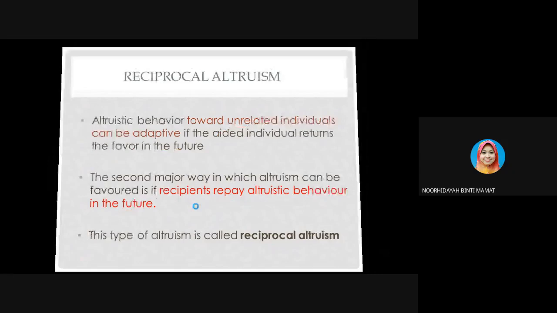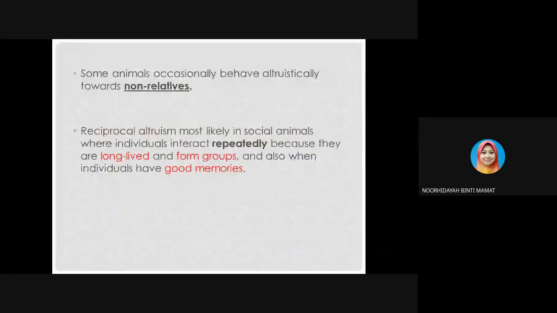Some animals occasionally behave altruistically towards non-relatives. They give the benefit to others, possibly at a disadvantage to themselves, but towards non-relatives. We call this reciprocal altruism.